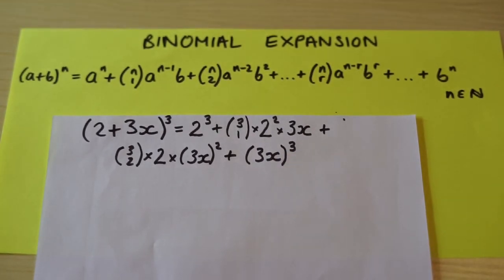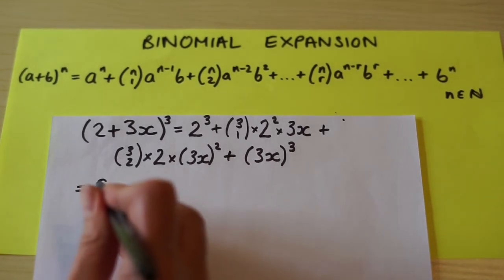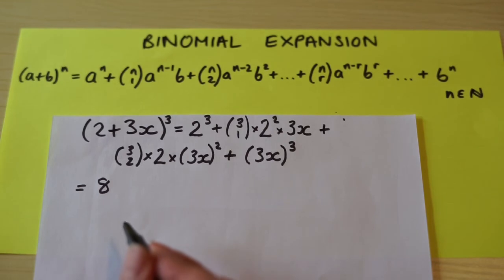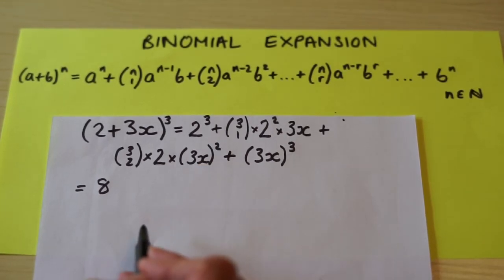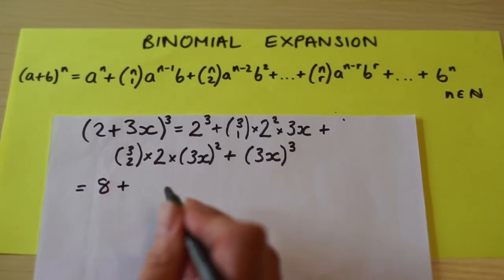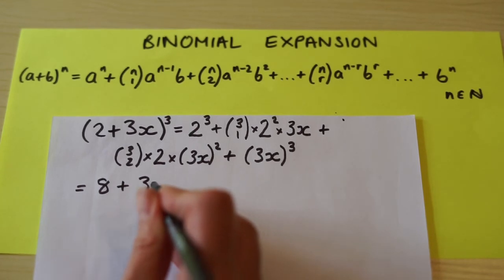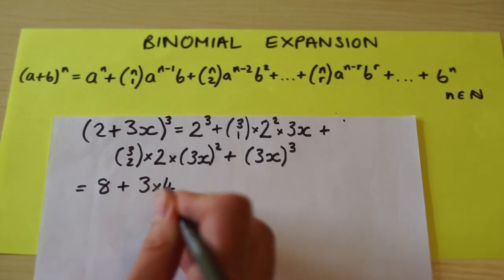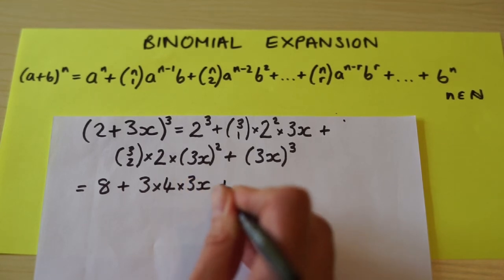Now to simplify it, 2 to the power 3 is 8. Then we've got 3 choose 1 on your calculator, and that is 3. 2 to the power 2 is 4, and we multiply by 3x.